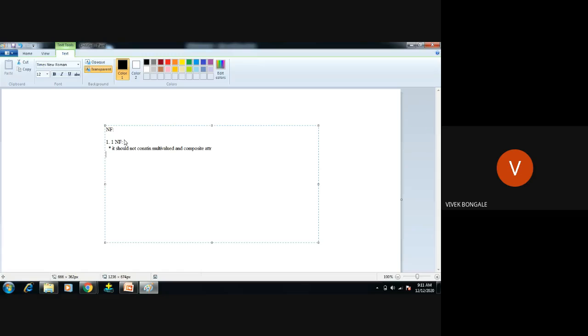When it comes to second normal form, one more thing in first normal form: whatever functional dependency they give, every table will satisfy the first normal form, because during conversion from the ER diagram to the relational schema, we already performed the first technique of first normal form.